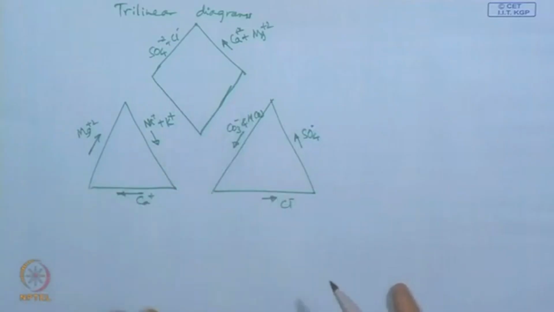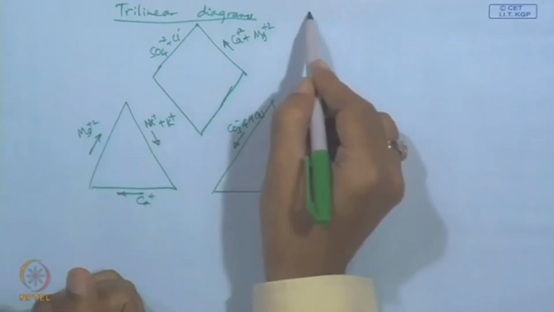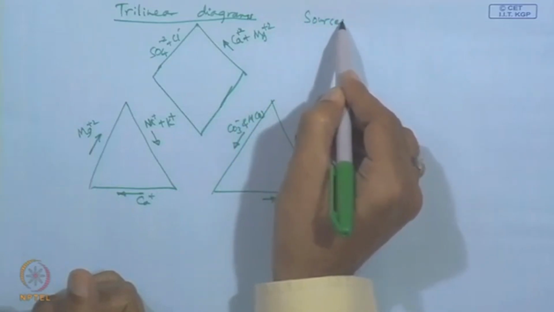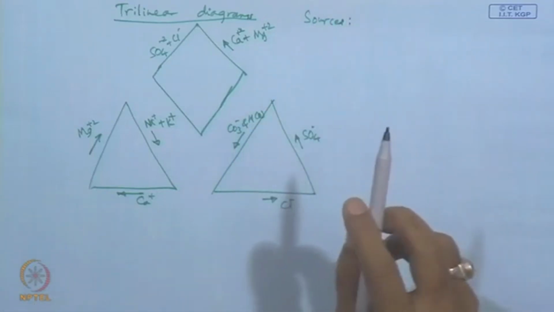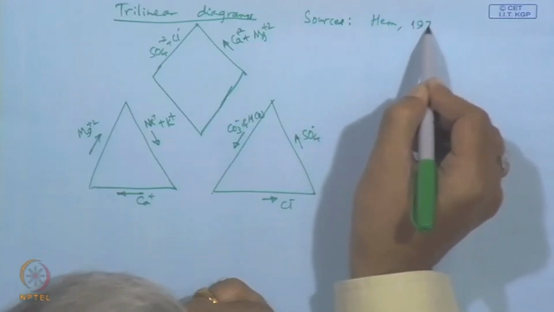This is a trilinear diagram, taken again from the same source, Hem in 1970.